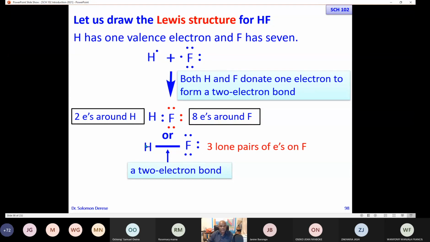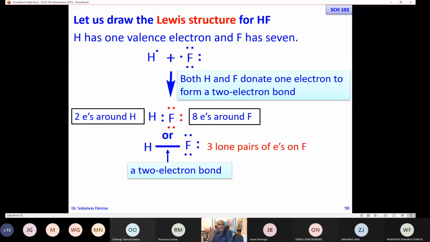Sometimes, and most of the time, when we write the structure of hydrogen fluoride, even in books, you will find the Lewis structure written simply as HF, like this. We are not indicating the 3 lone pairs of electrons, but you should know those 3 lone pairs exist on the fluorine.